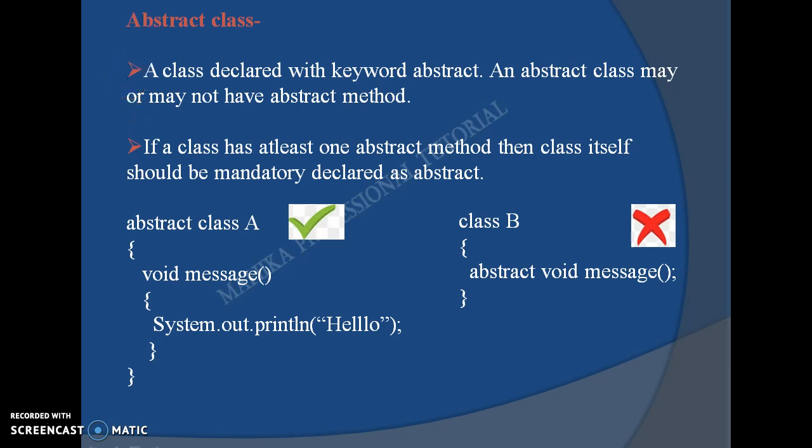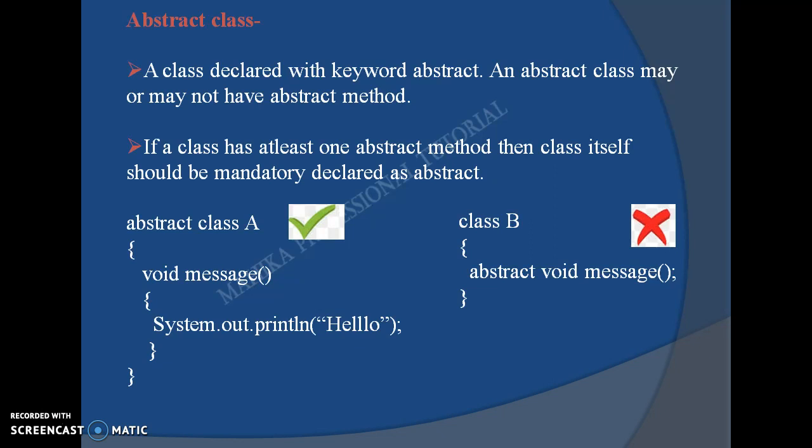Now we will see a few points which are important for an abstract class. Basically, any class which is declared with the abstract keyword will be called an abstract class. Second, an abstract class may or may not have any abstract method.